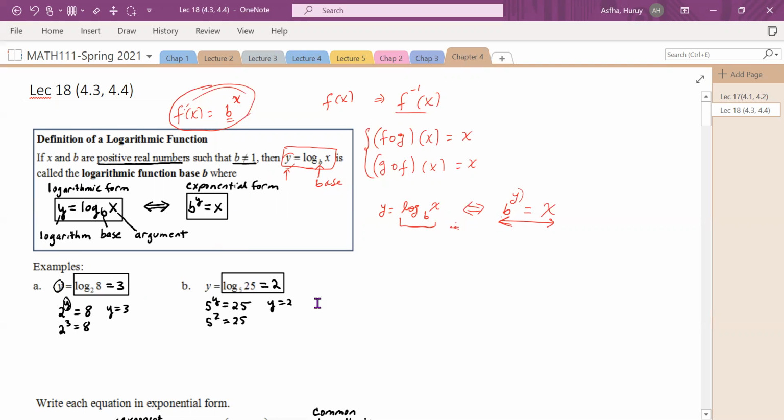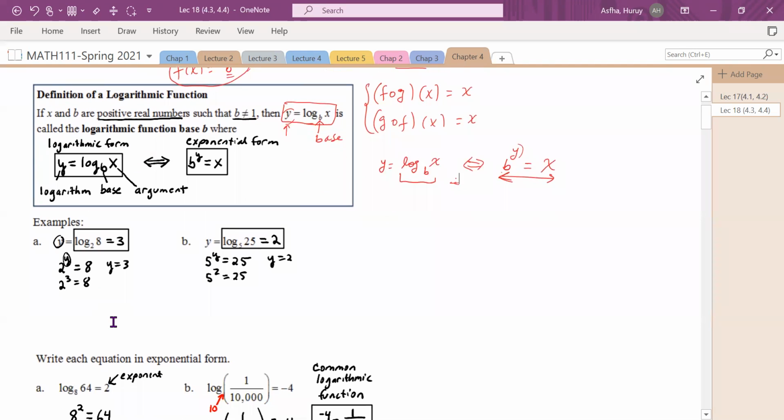For example, we have y equals log 8 to the base 2. Now, we need to follow this relationship to write this one in exponential form. This will be the base of the exponential form, and this will be the exponent.